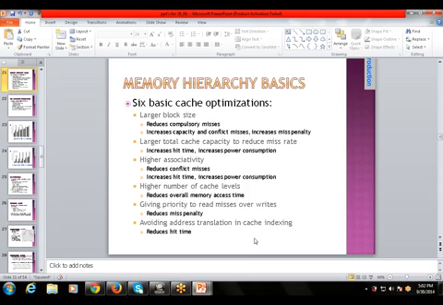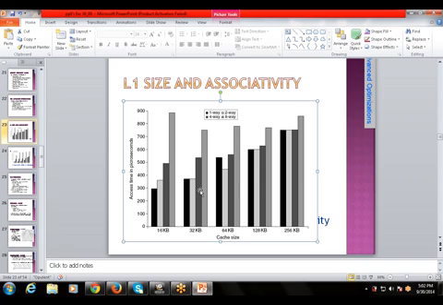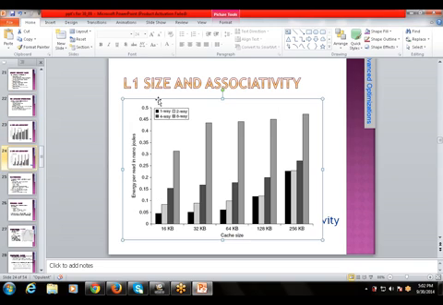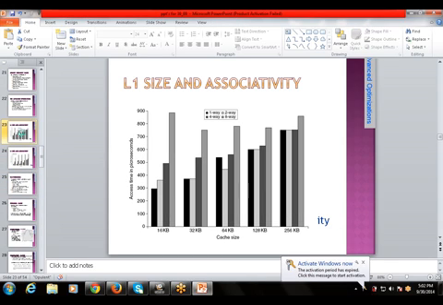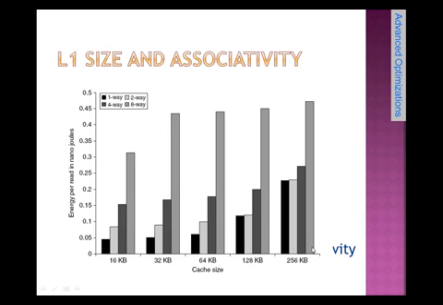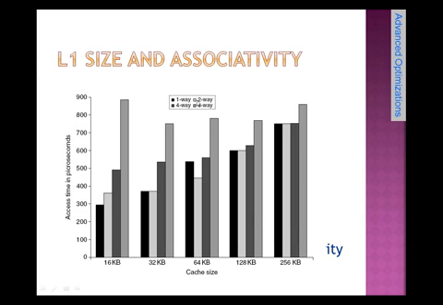This is the diagram that is shown. This is the L1 size and associativity. This is one way, this is two way, four way, and eight way. Black is represented by only one way, then gray is represented by two way, then four way and then eight way.